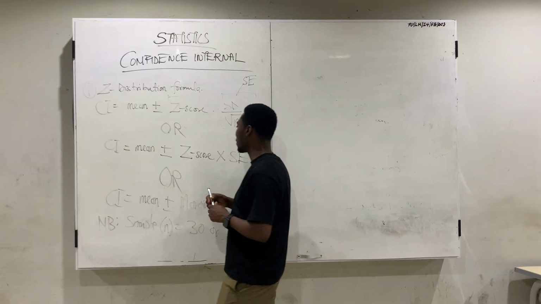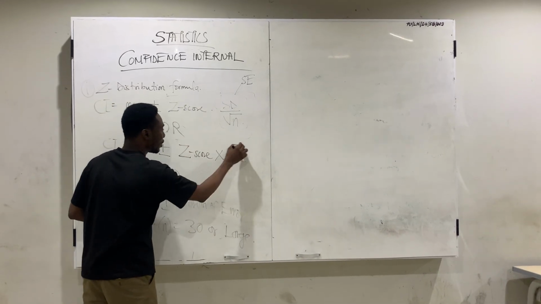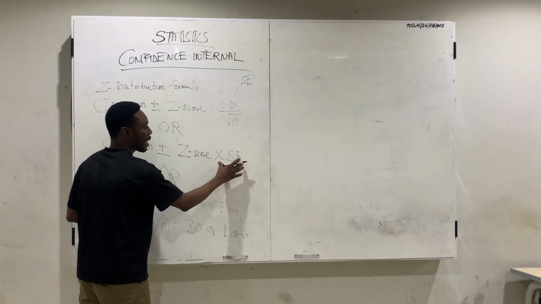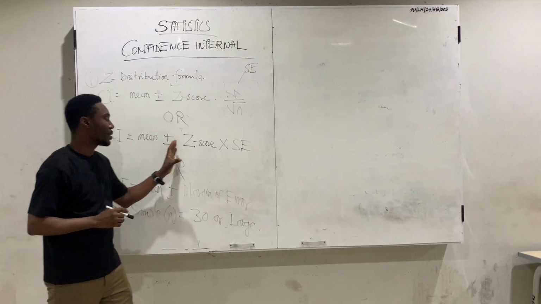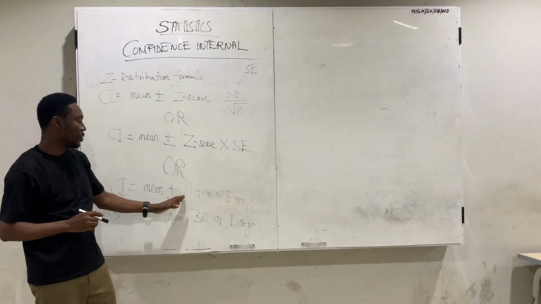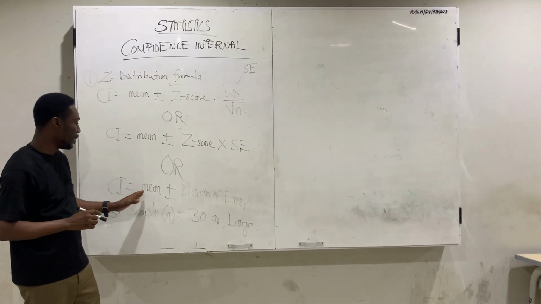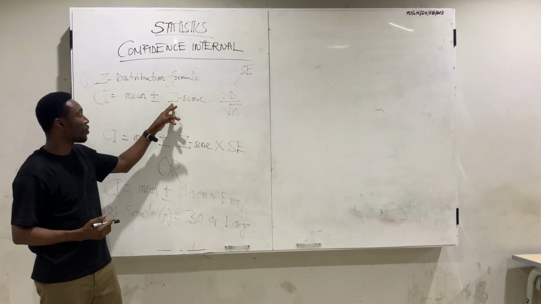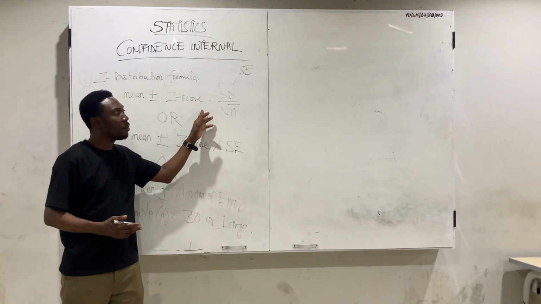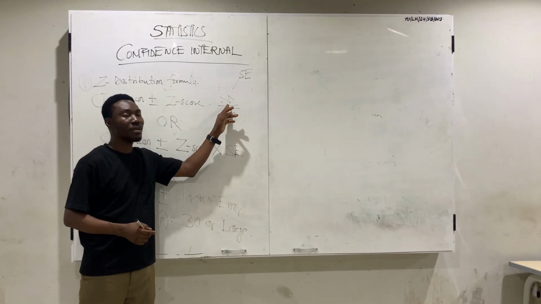So this part too is also margin of error: Z score multiplied by standard error. That part also represents margin of error. So you see the second formula, mean plus or minus margin of error. Required, because the margin of error is the same as Z score multiplied by standard deviation over square root of n.